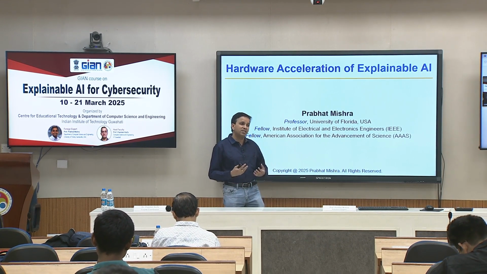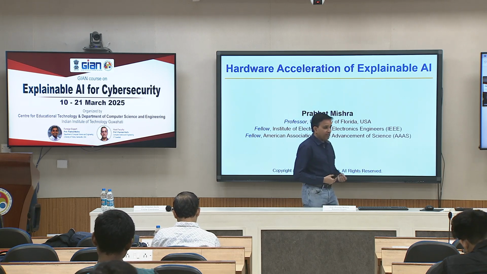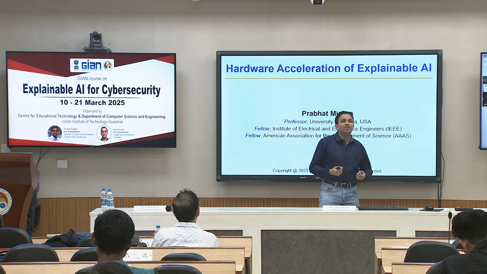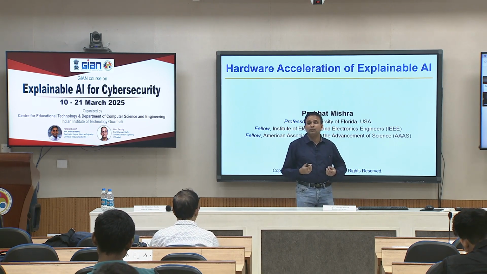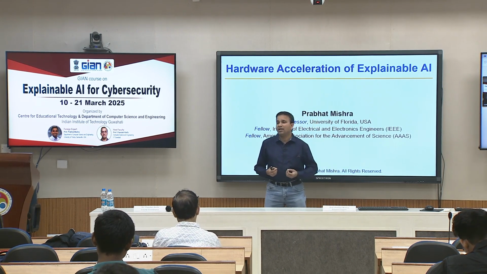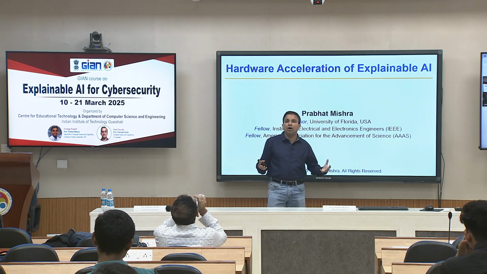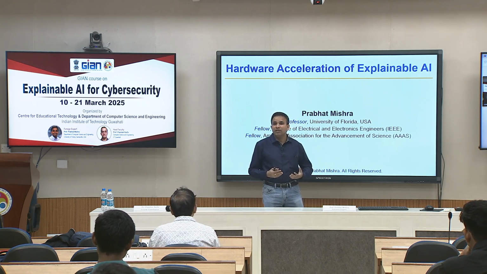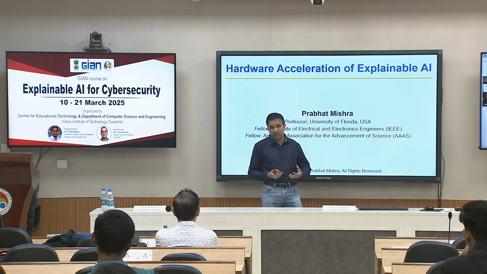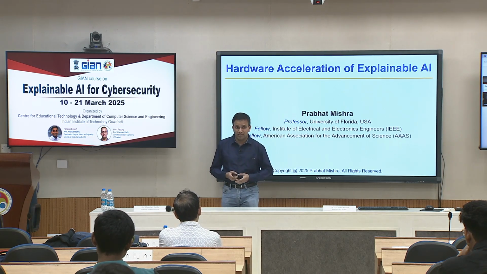Most systems, whether you think of a car or medical equipment, have to make real time decisions. Explainability is wonderful, but they should be able to finish in real time, as fast as possible. So if some computation takes too long, the only way you can accommodate it in real time systems is by making it execute faster. One way you make them faster is to use hardware based acceleration.